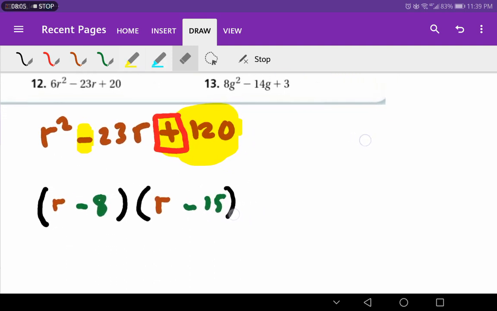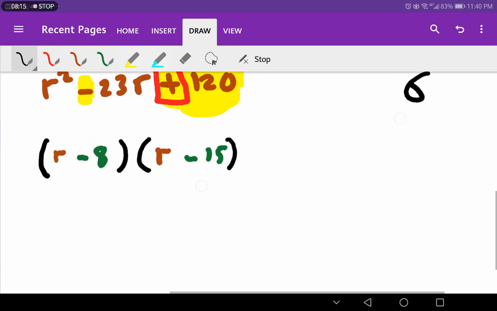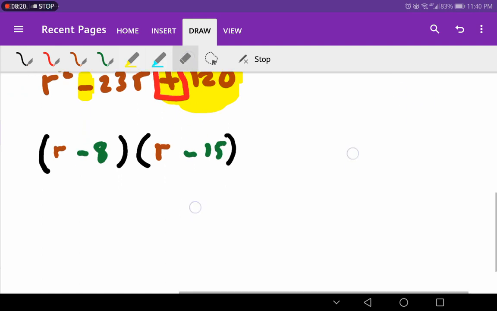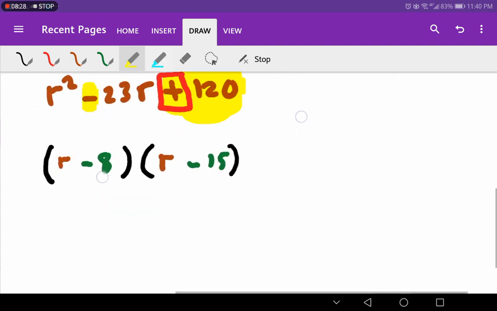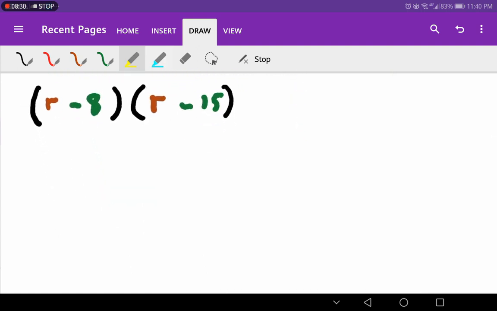Now don't miss this guy and make 2 copies of it. Okay, let us go one step up. My dear student, I take the 6 here, from here, and write it like this.